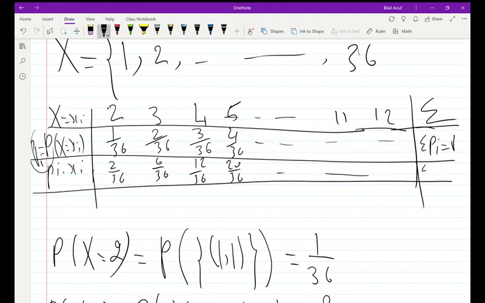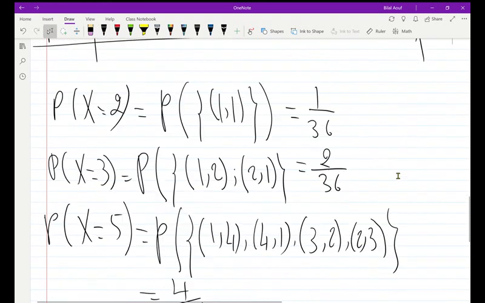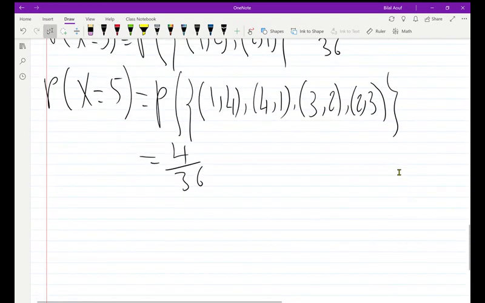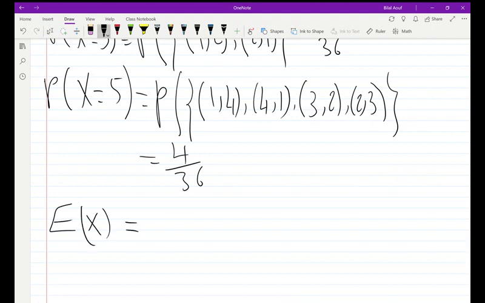The summation of them, pi xi, is the mean of x. That's the formula: the mean of x is equal to summation pi times xi.